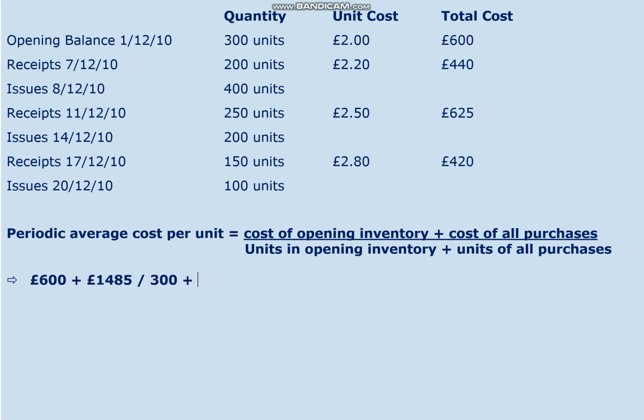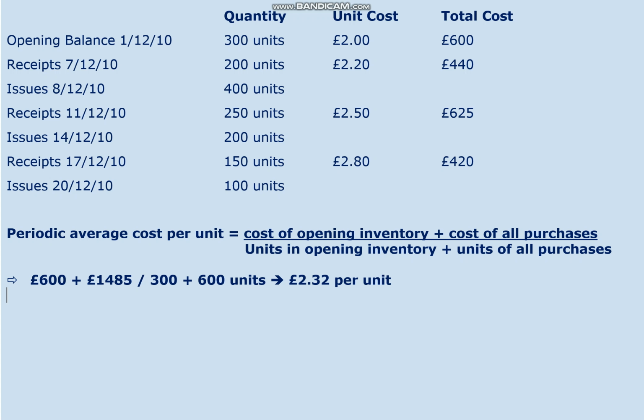So total purchased or received units were 600. Okay, so from here, we use the calculator: 600 plus 1485, then divided by 900, and we get an average cost of 2.316, or if you fancy, you can make it 2.32 per unit.